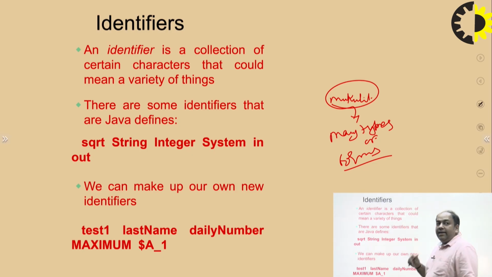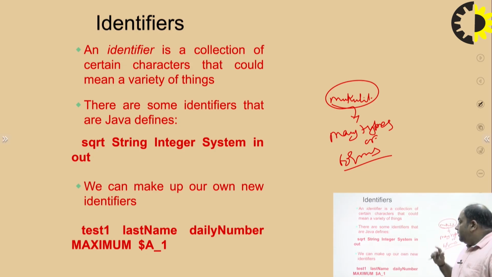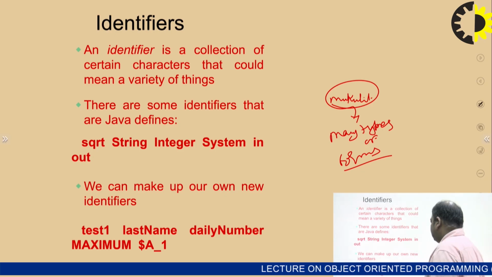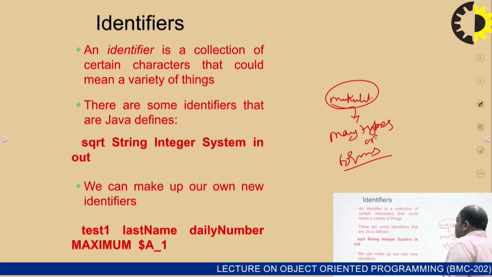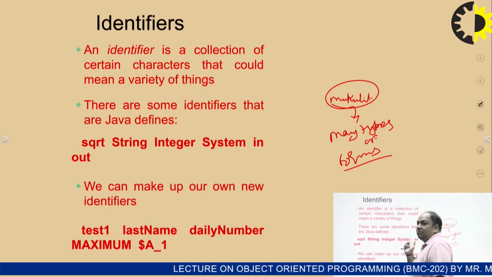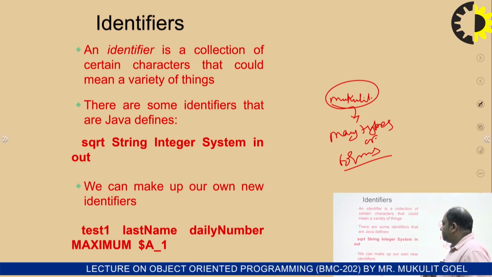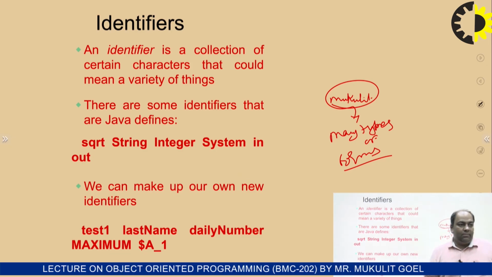And the unique thing with identifier is we can give our own identifiers, like I use Mukulit. It is my own identifier which I can use in a Java program, and it can give the variety of functionalities. Okay, so have some identifiers which is supported by Java, and we can also give some identifiers by our own.